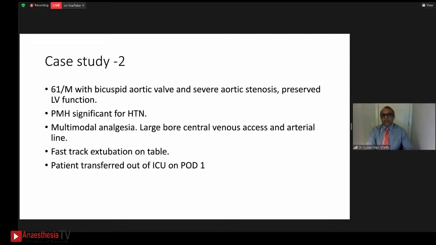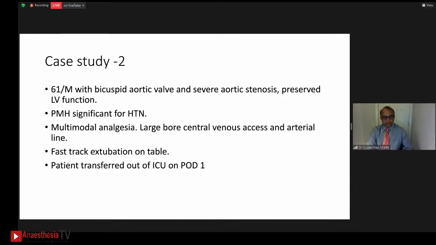Second patient, 61-year-old male with bicuspid aortic valve, severe aortic stenosis with preserved LV function. The past medical history was significant only for hypertension. So we chose the same pathway, mini sternotomy, multimodal analgesia. We put in a large-bore line for central venous access in the right IJ, arterial line, no Swan-Ganz catheter.